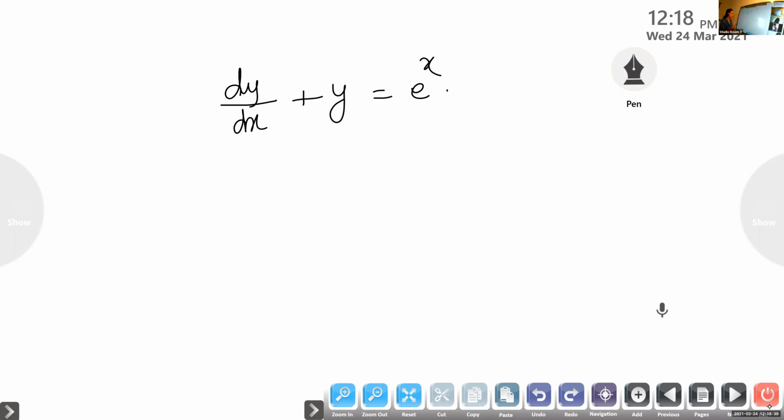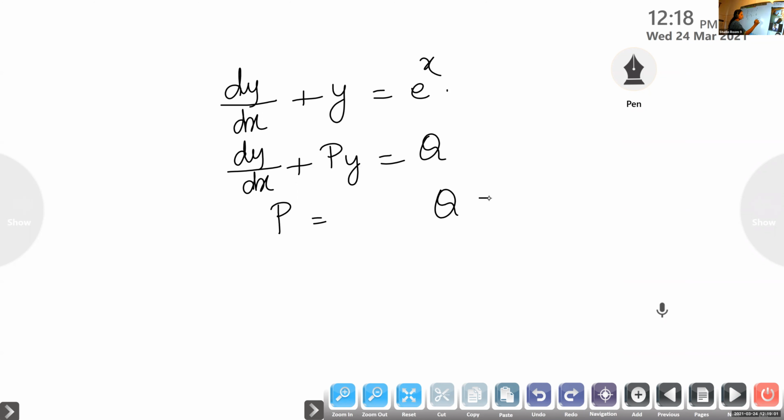So now look at this, children. When you compare it with the general form, dy by dx plus py is equal to q, what is p and what is q?